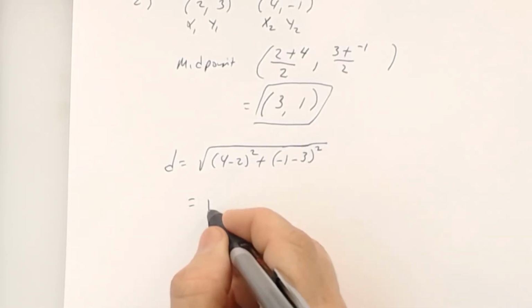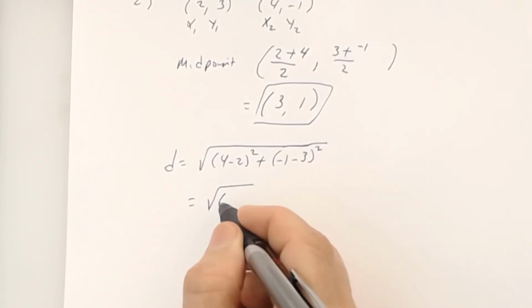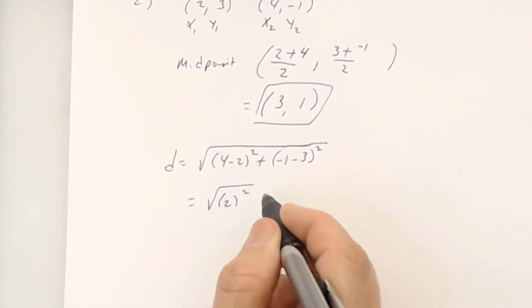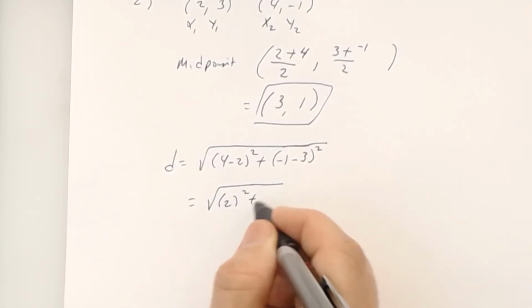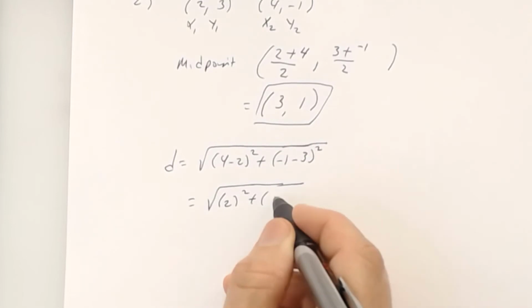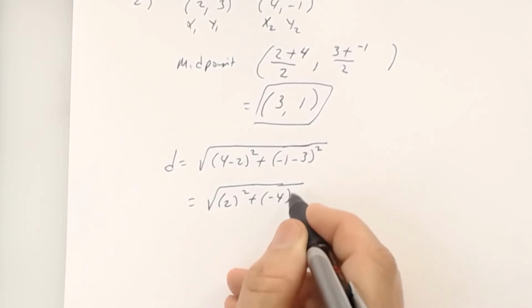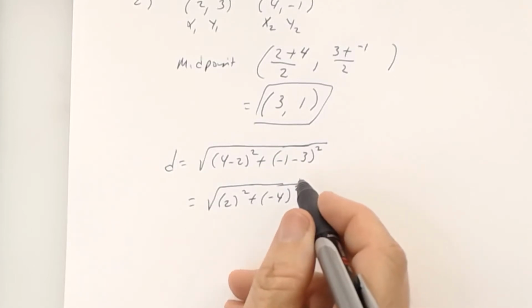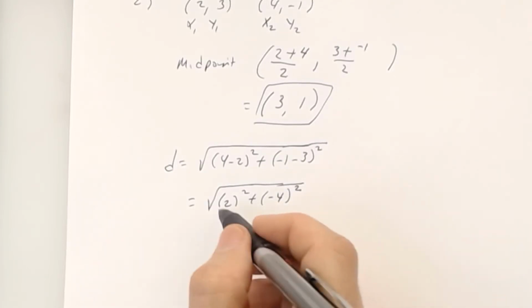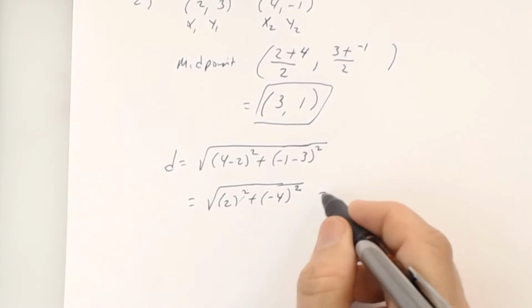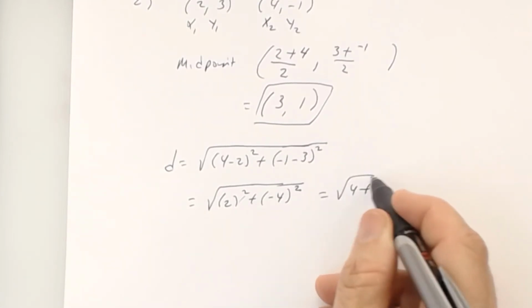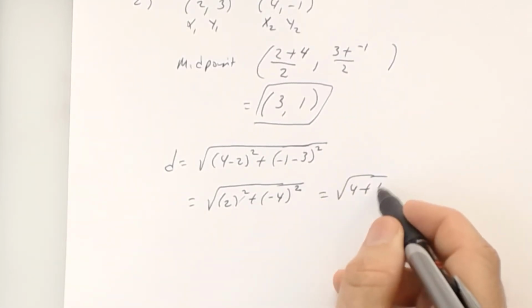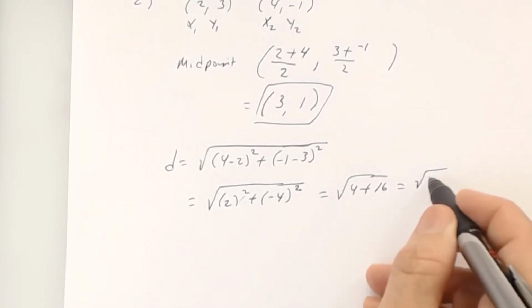What is 4 subtract 2? 2, but I'm squaring it, so you do get 4. Plus, what's -1 subtract 3? -4, squared. What's 2 squared? 4. So I get 4 plus, what's the negative 4 squared? 16. So I get the square root of 20.